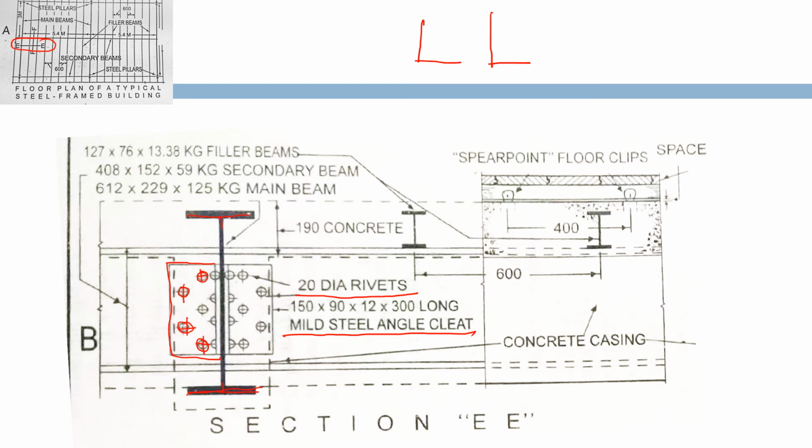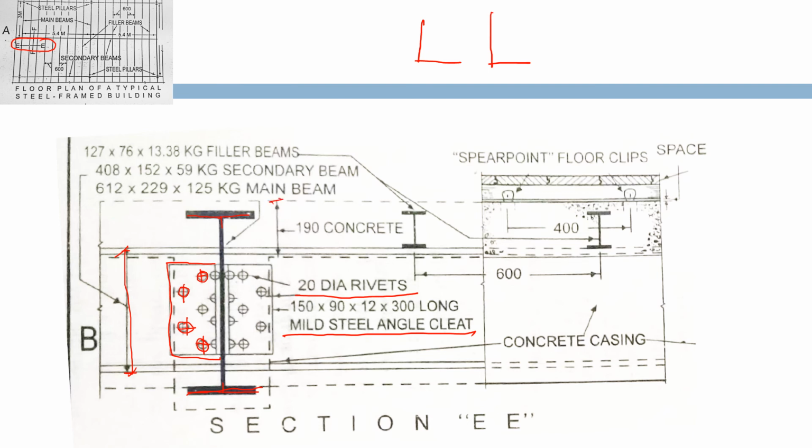using rivets. Now this is the secondary beam, which is going through the main beam, and both of them have been fixed using angle cleat.